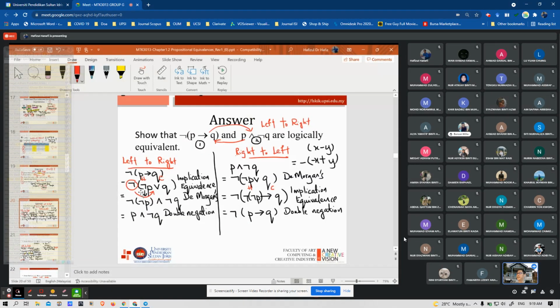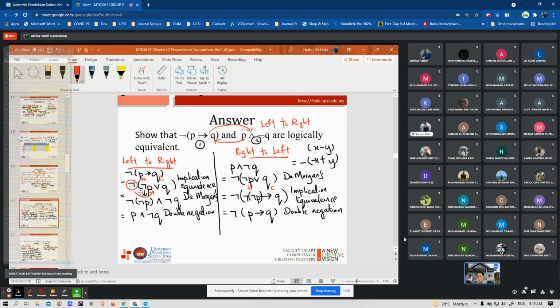Okay, for the answer, show that negate P implies Q and P and negate Q are logically equivalent. First, you need to have left to right and right to left. Okay, here P implies Q, implication, and then we negate. We remove the negation. Negate P or Q is equivalent, and then we go for the De Morgan law.